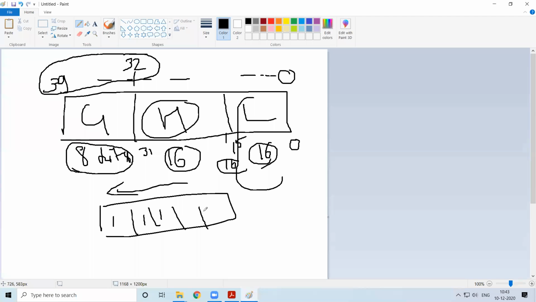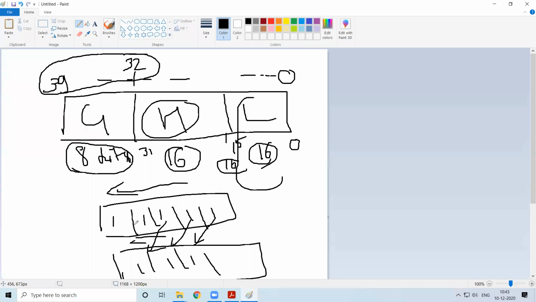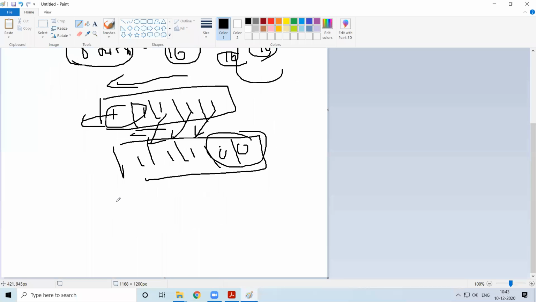If I'm shifting it 2 bits towards the left, one will come over here, and this here, and these two go out. So what should be filled in the others? If you're performing a left shift, you'll be filling it up with zeros.